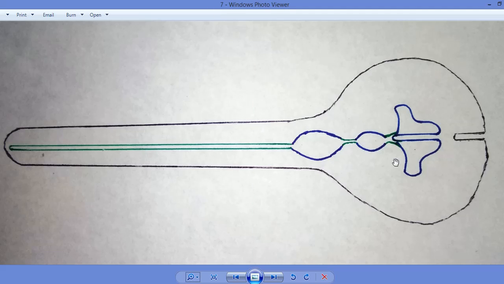So the ductus Sylvius, or cerebral aqueduct, is also a channel in between the third ventricle and the fourth ventricle. These connect the two ventricles.